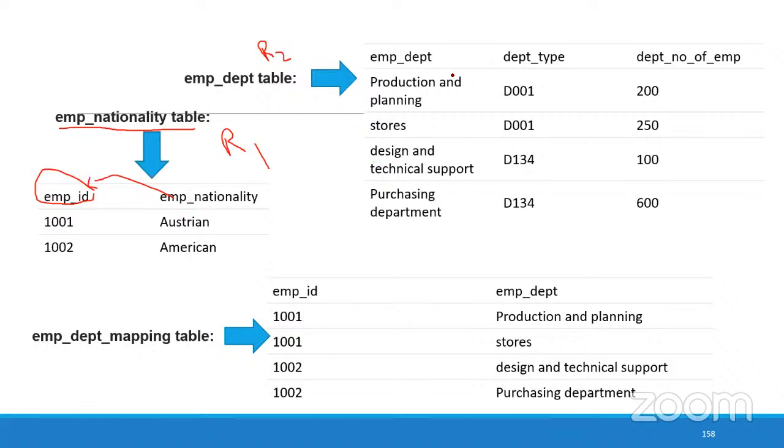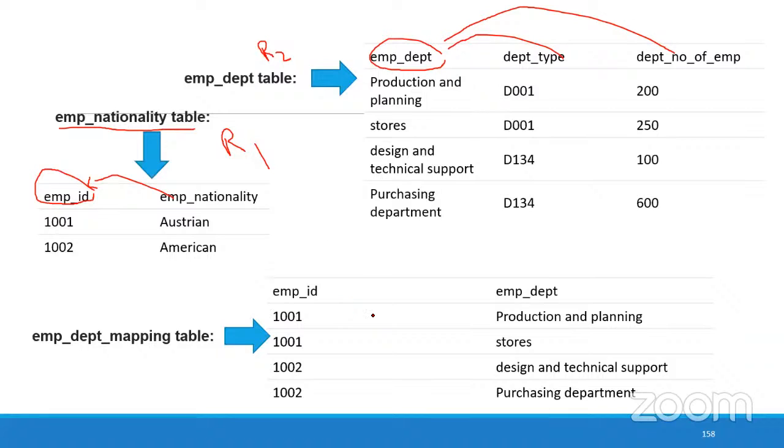Here also, the candidate key is employee department: department type is dependent on employee department, and number of employees in department is dependent on employee department, only one key. So now we can say these two relations are in Boyce-Codd normal form.